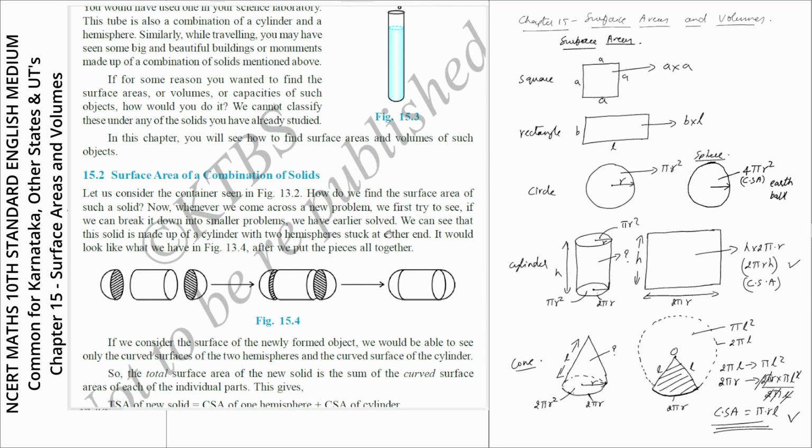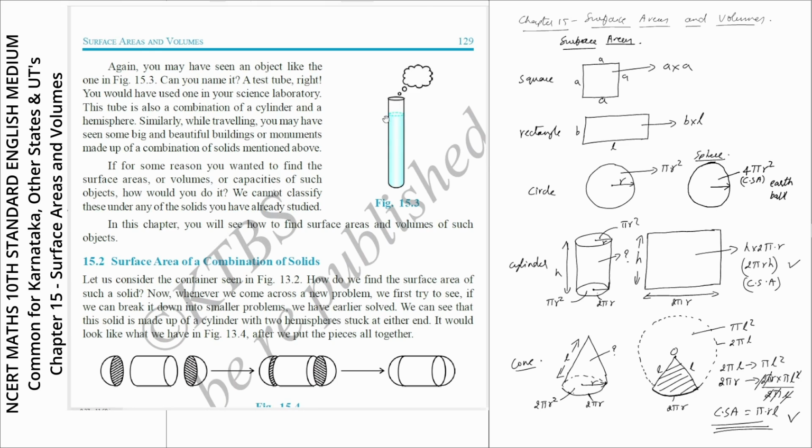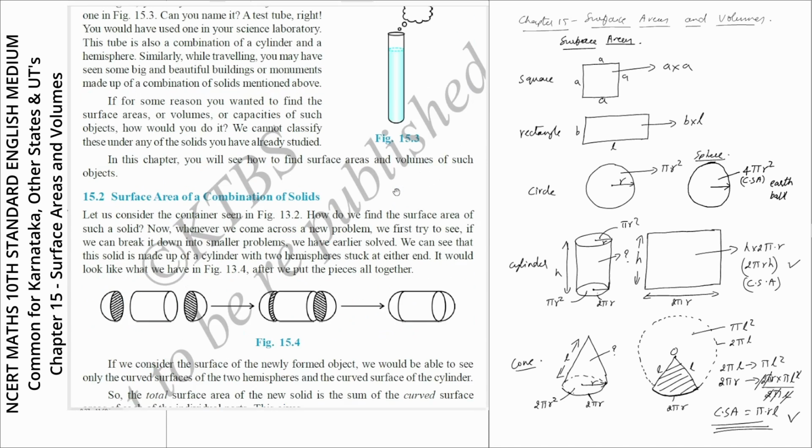Now what will be the surface area of this test tube? Here also I can divide this test tube into 2 parts, by cutting the cylinder part like this. The top part will be a cylinder, the bottom part will be a hemisphere. So curved surface area of this test tube will be the curved surface area of the cylinder plus curved surface area of the hemisphere at the bottom.